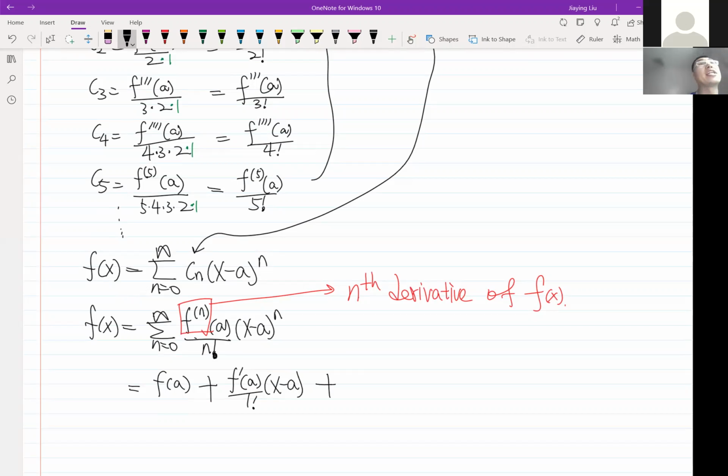And if we put n equals 2, we get the second derivative of a, divided by 2 factorial, times x minus a squared. And then the third derivative of a, divided by 3 factorial, times x minus a cubed, and so on. So that will be the series representation of a given function f of x.